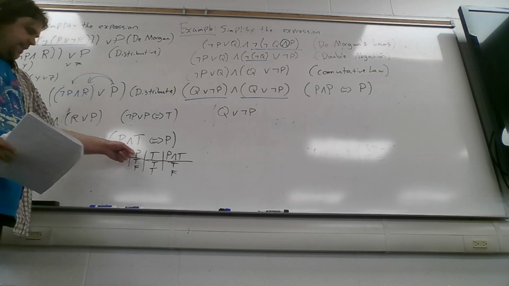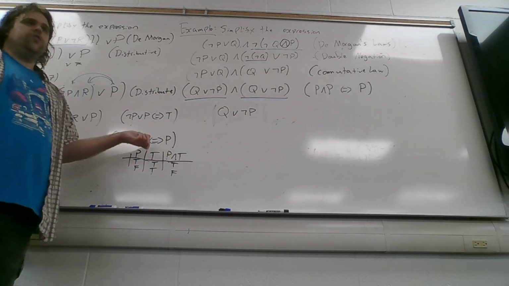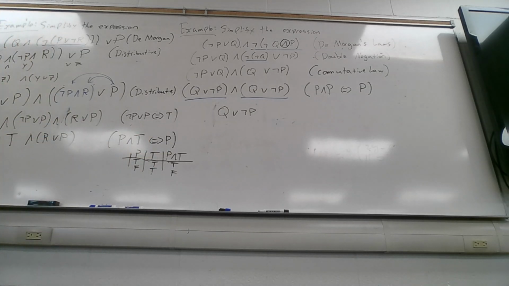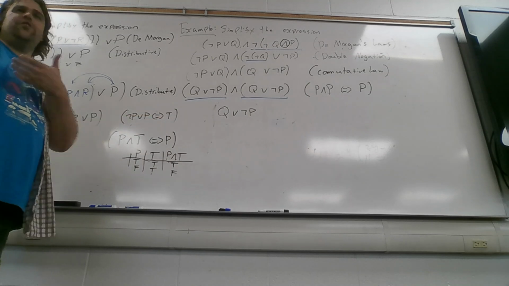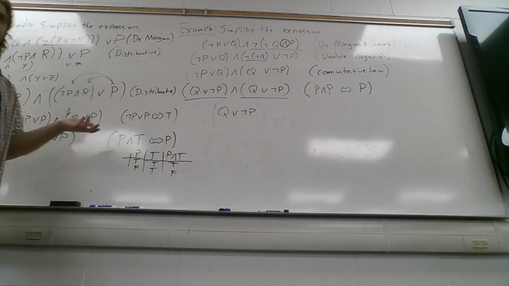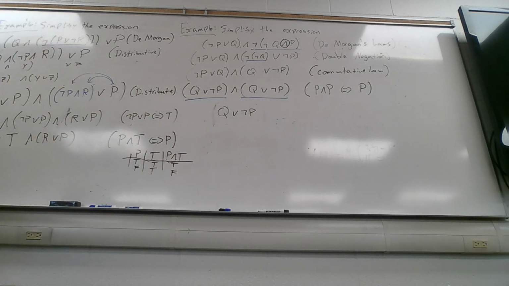We can kind of see this matches that. So in terms of truth table, these are the same thing. That's another way that you can argue. If you have something that has the same truth table as something else, you can replace them with each other, right? The truth table is what dictates whether or not they're the same thing. So the point here is that means we can just basically cross that out. We don't care about it anymore. Q or P and R or P.